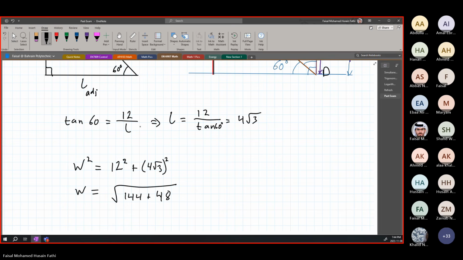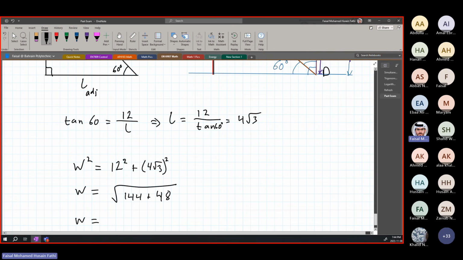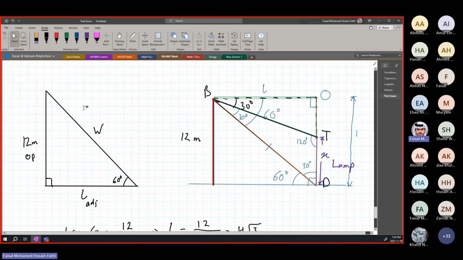So w is equal to 8 square root 3, or you can say it's 13.856 meters. So this gave us the w now.